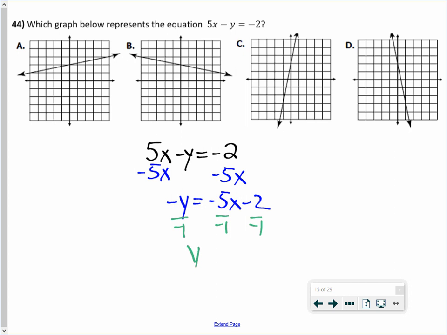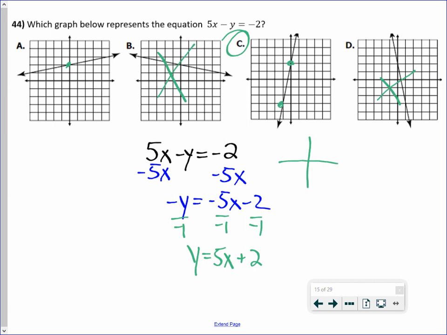And I get y equals 5x plus 2. So now I can look at my graphs and see which one is, first of all, the slope is positive. So that one's out, and that one's out. And the y-intercept is 2, but the slope is 5. And so the only one with a slope of 5 is C.